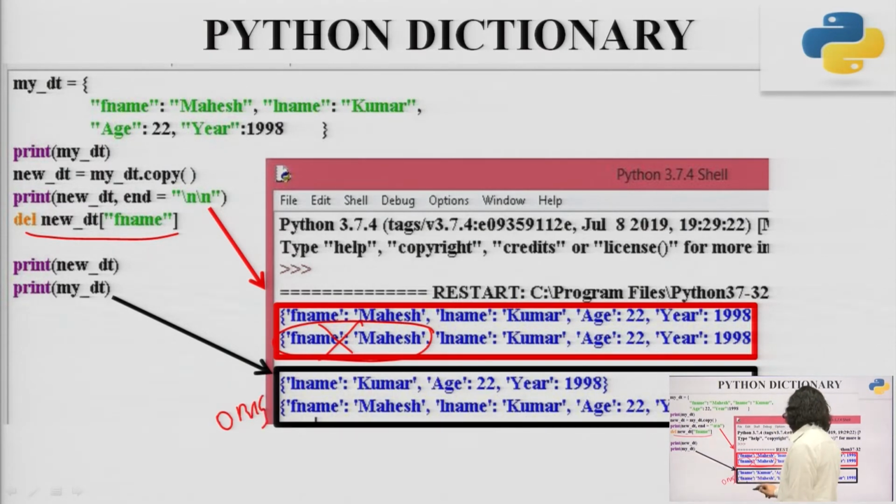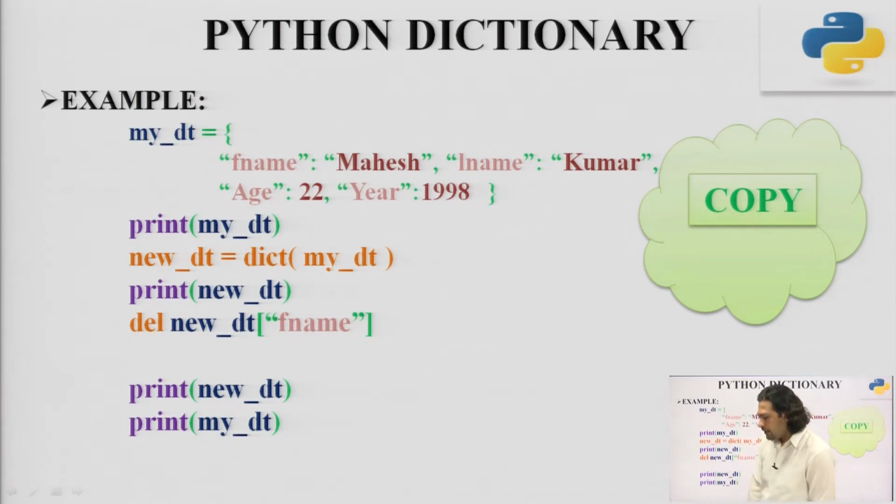In the original you can see all four pairs are retained as they are, but in newDT the fname is no more; the deleting operation only affected the newDT variable. The next thing: one process of creating the copy is by using the copy method. The second is by using the dict function, or you can say the constructor for dictionary.